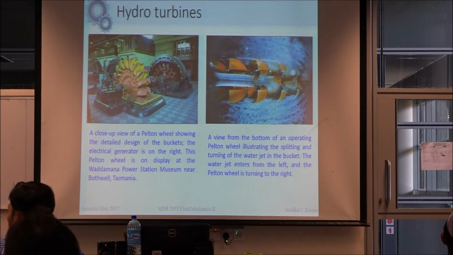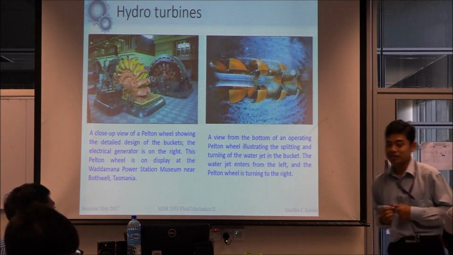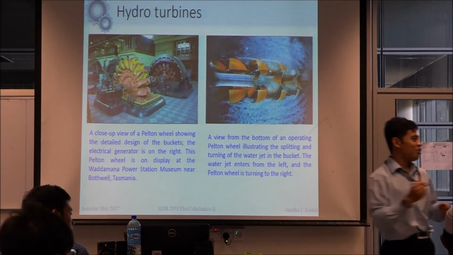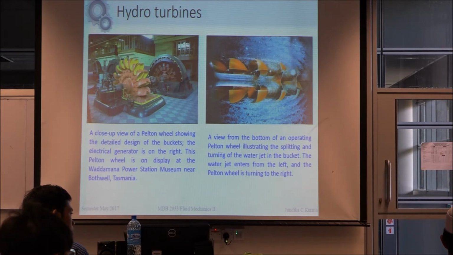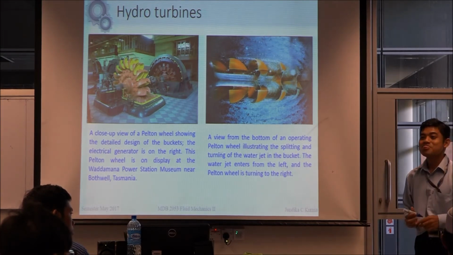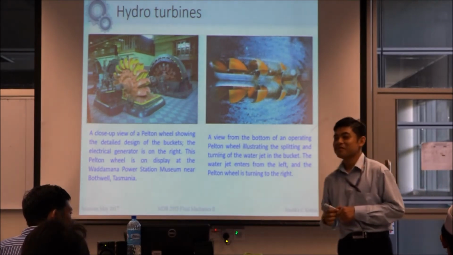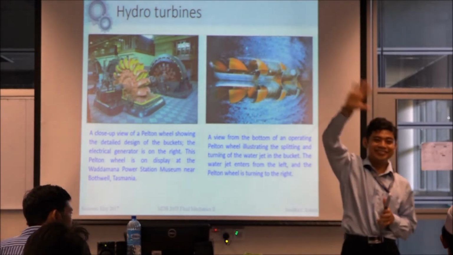This is your jet. And then the other one, you put the fan like that. So the jet will be like, which one gives you the higher power? A or B? A or B? Who said A?